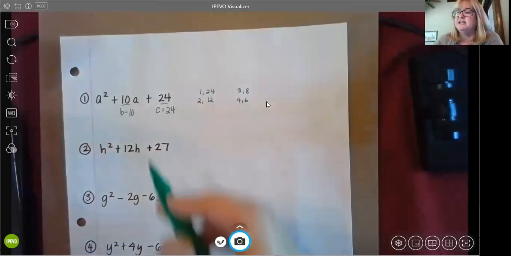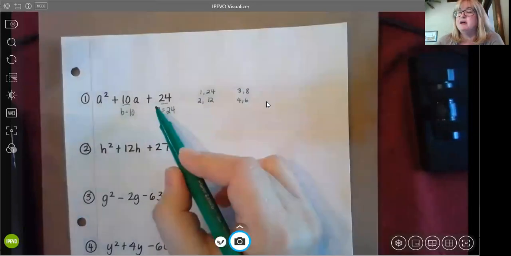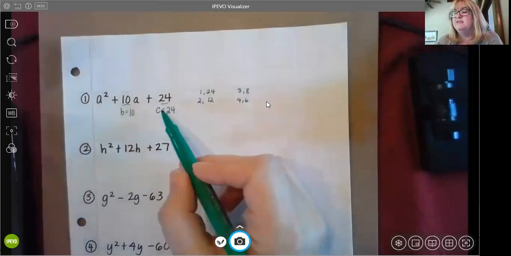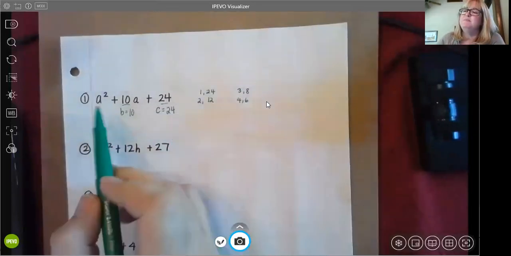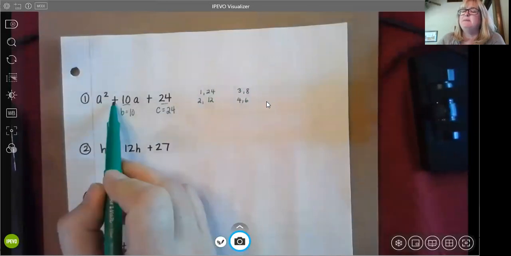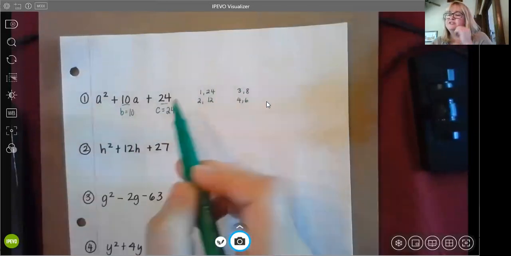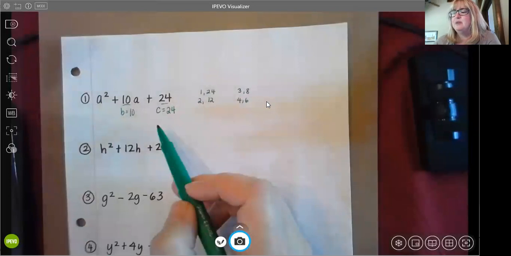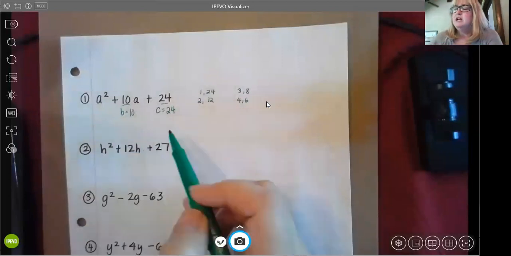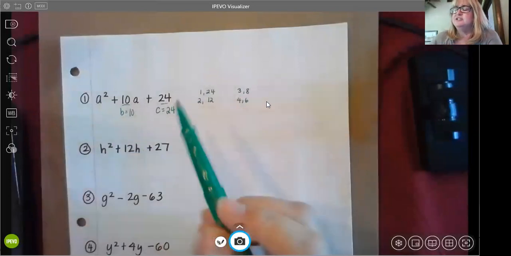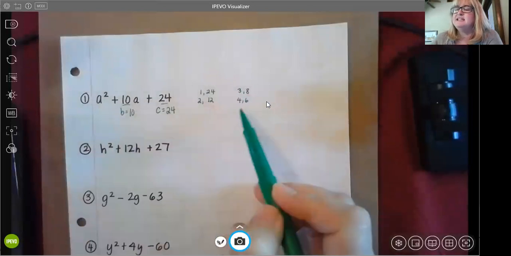Now, c is positive, so both factors are positive or both are negative. But if I look at b, b is positive, so I know that both factors have to be positive. Okay, so are there factors that I can combine to get 10?